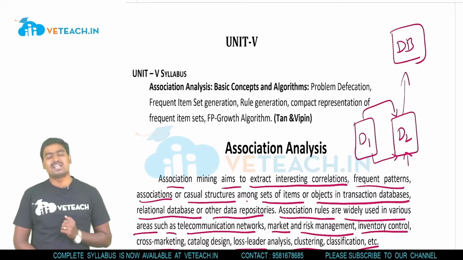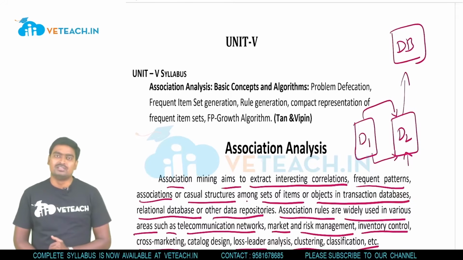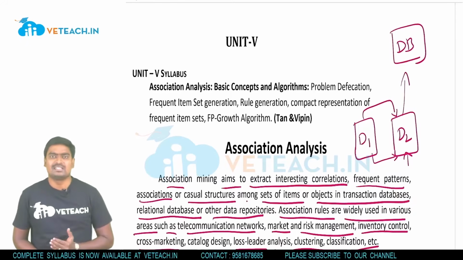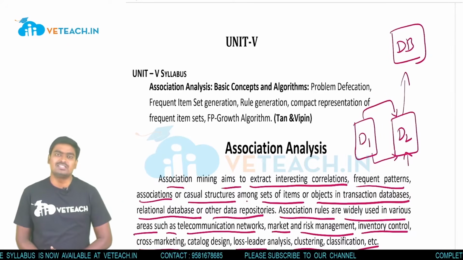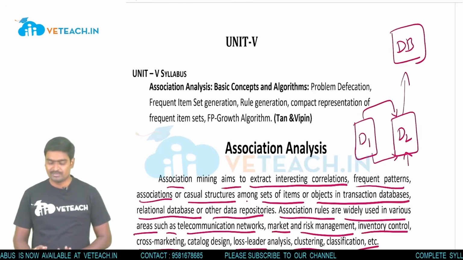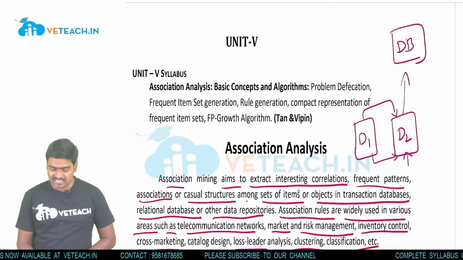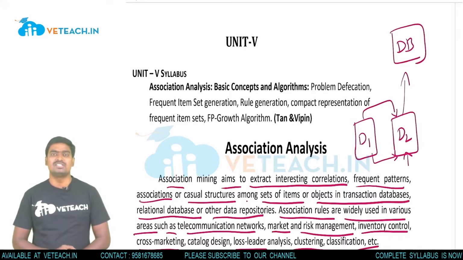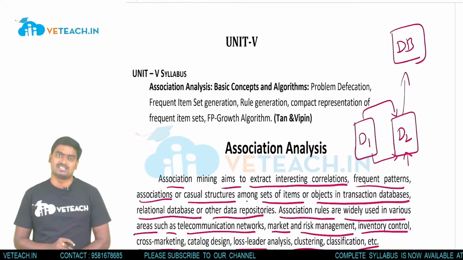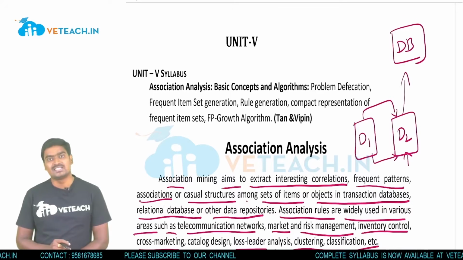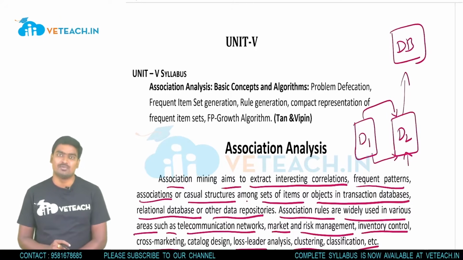So what we understand from this is that we can extract data from various repositories and various data sets. What is the meaning of extracting interesting correlations? Correlation is nothing but the common items in two different data sets in various data repositories.